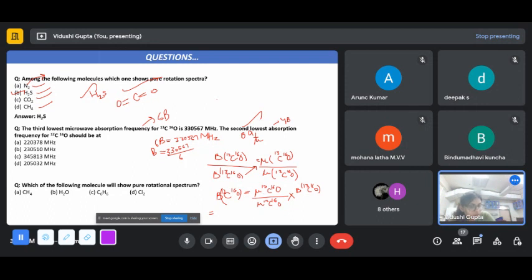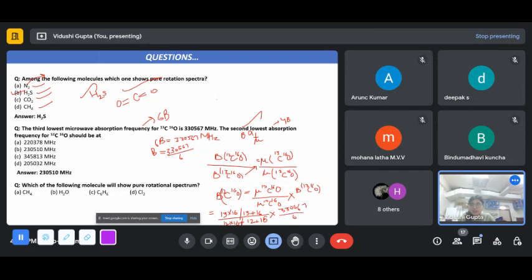So here it's the reduced mass: 13 into 16 divided by 13 plus 16, divided by 12 into 16 divided by 12 plus 16, multiplied by 330567 divided by 6.